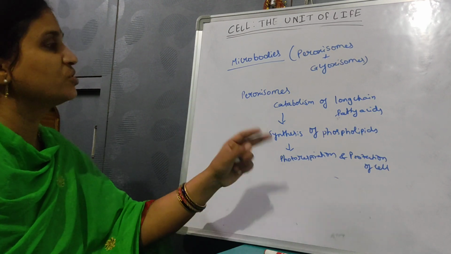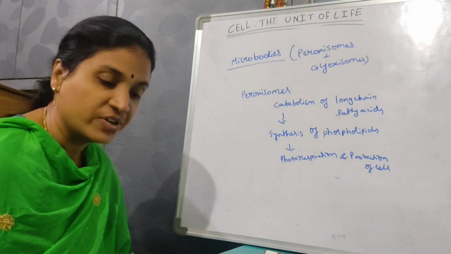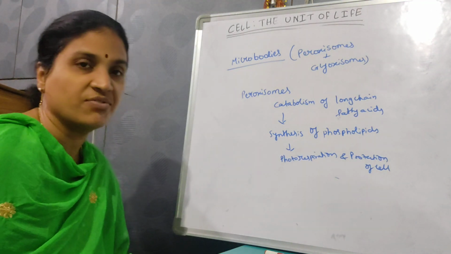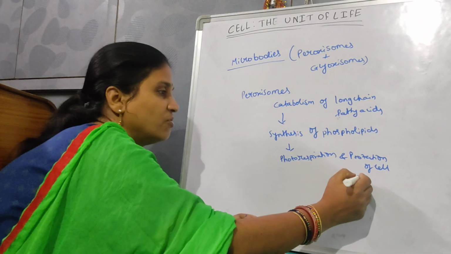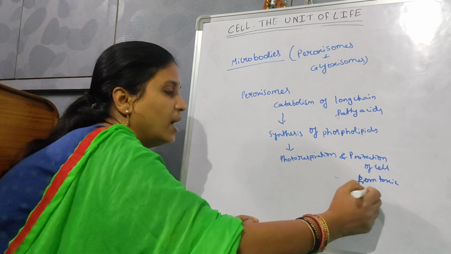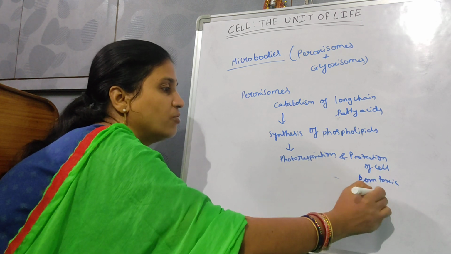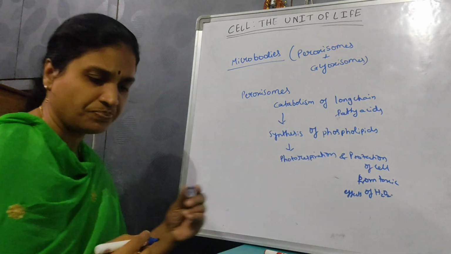They are useful in the synthesis of phospholipids, and they are involved in photorespiration and protection of the cell. These are the functions of peroxisomes. They are spherical, membrane-bound structures, helpful in the catabolism of long-chain fatty acids, in the synthesis of phospholipids, and in photorespiration and protection of cells from the toxic effects of hydrogen peroxide.